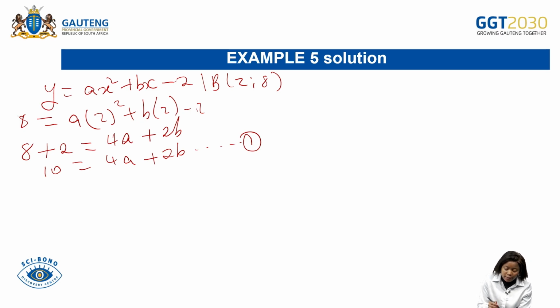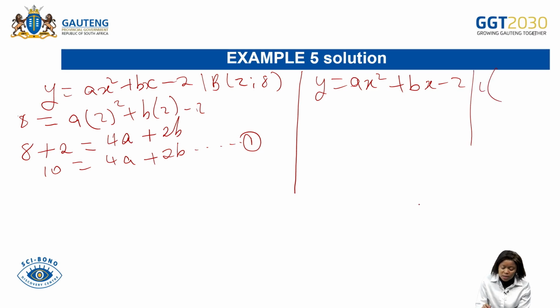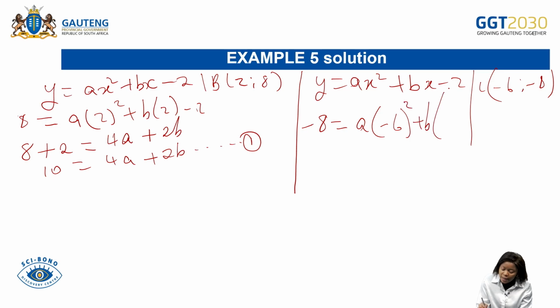Then let's substitute the other point into y equals ax squared plus bx minus 2. The point C is (-6, -8). Where I see y, I substitute negative 8, and where I see x, I substitute negative 6. So negative 8 equals a times negative 6 squared plus b times negative 6, minus 2.